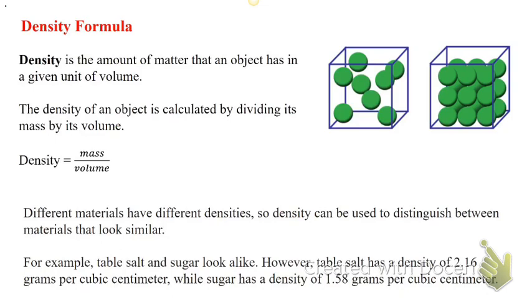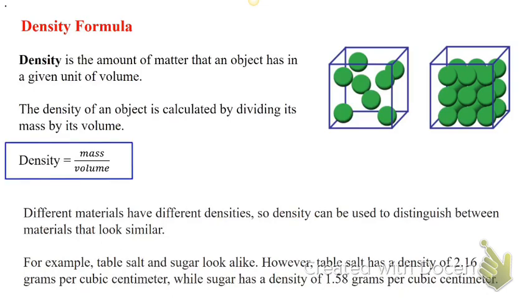For example, table salt and sugar look alike. However, table salt has a density of 2.16 grams per cubic centimeter, while sugar has a density of 1.58 grams per cubic centimeter. So it might look the same, but the density is greater in the salt.